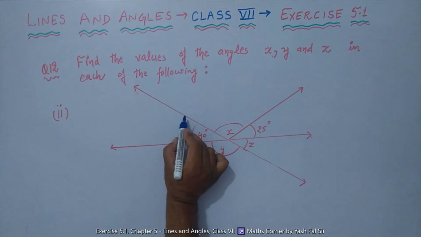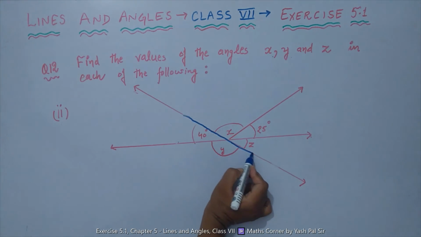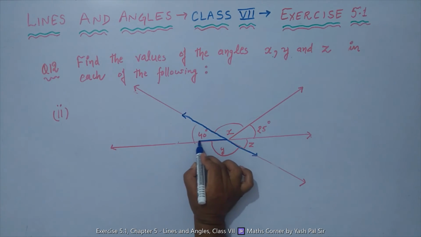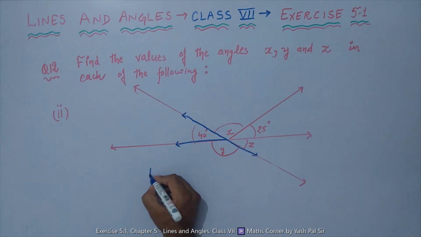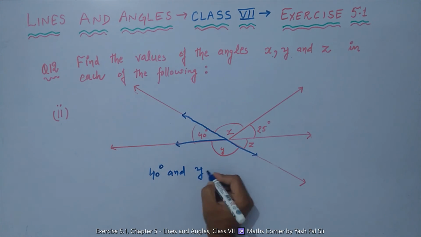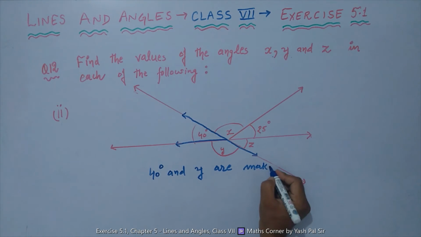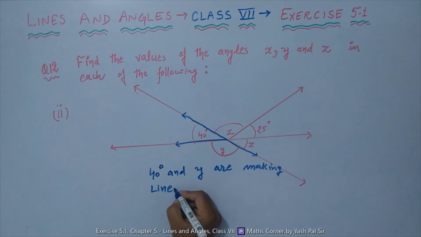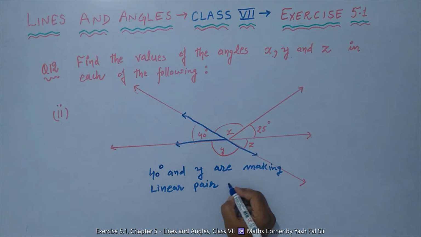So what we see here, first of all, this is the line, and on this line we have this angle. Mean to say 40 degree and y are making linear pair.